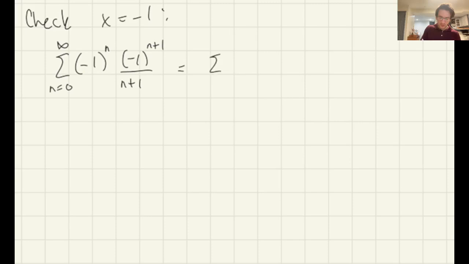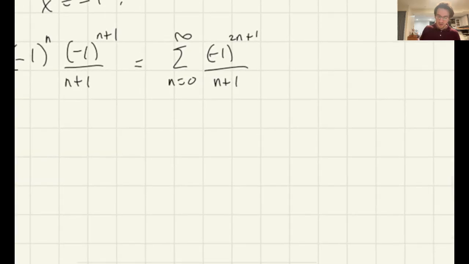And when I simplify this, it's the sum from 0 to infinity of -1 to the 2n plus 1. So that's an odd power of -1, which is just -1, right? So this looks like -1 times the sum n equals 0 to infinity of just 1 over n plus 1.